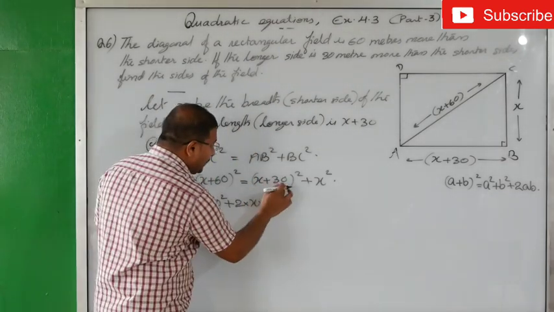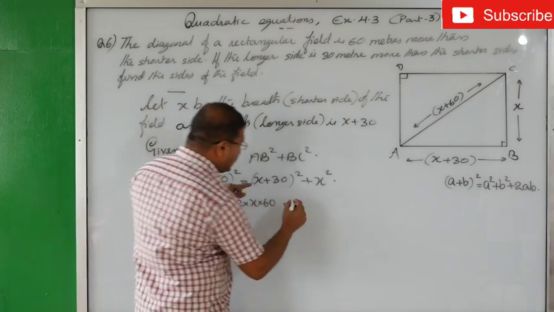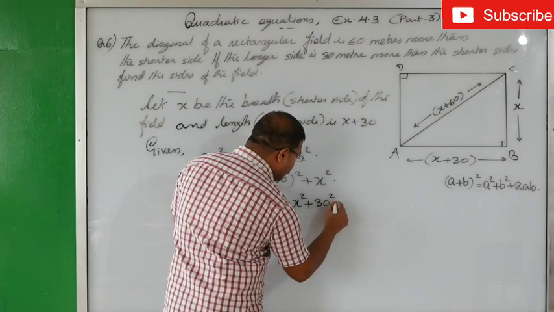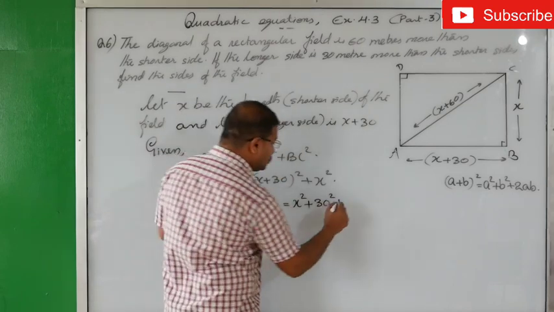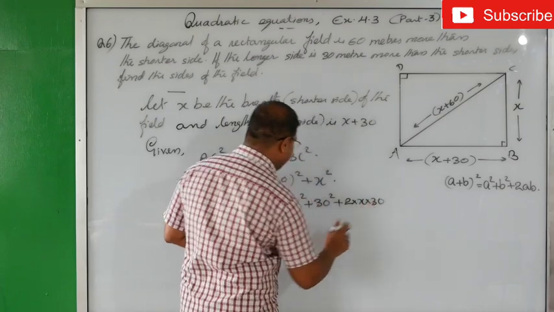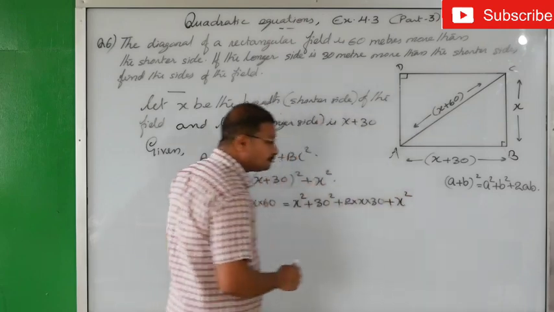Now, a plus b, same style. What will we do? a is x, b is here 30. That means a square, that means x square, plus b square means 30 square, plus 2ab, that means 2 into a is x, b is 30. That is 2ab, plus already here x square.